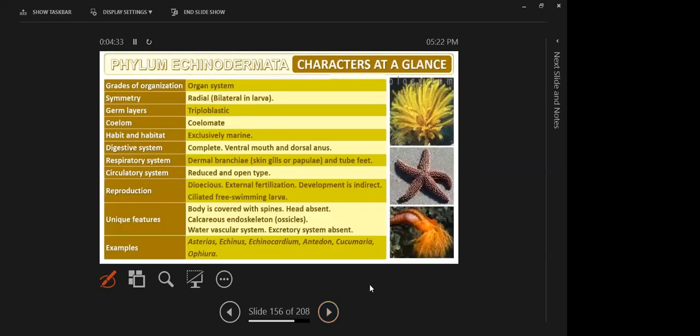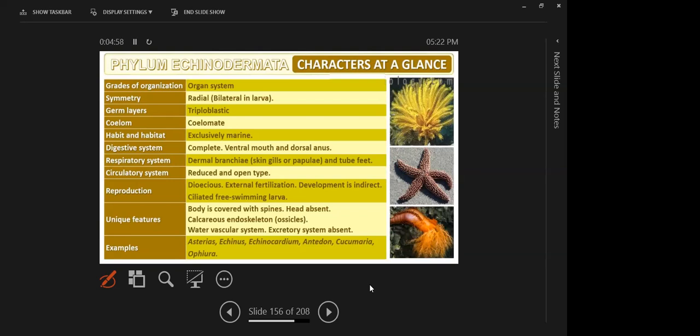Okay, so what are the characteristics? I will read it. Organ system, from Annelida onwards, and some of the Aschelminthes. Totally triploblastic and coelomates.